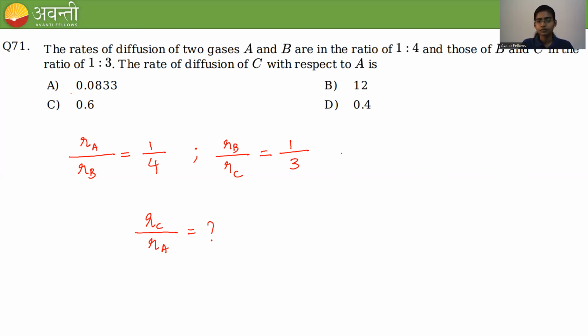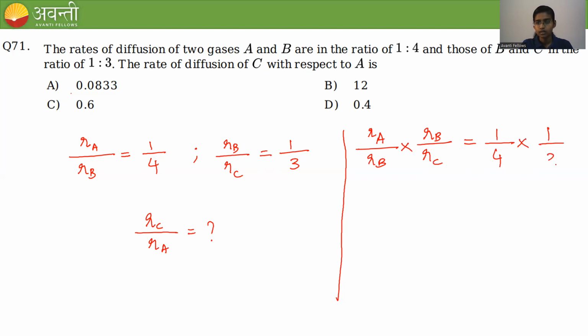On multiplying, what we get is 1 by 4 into 1 by 3, which is nothing but 1 by 12.